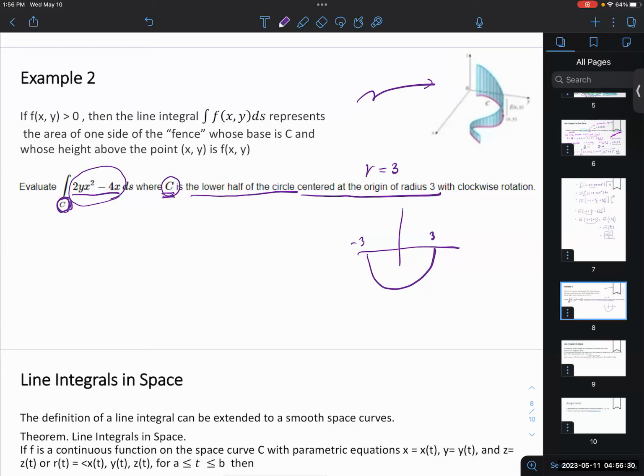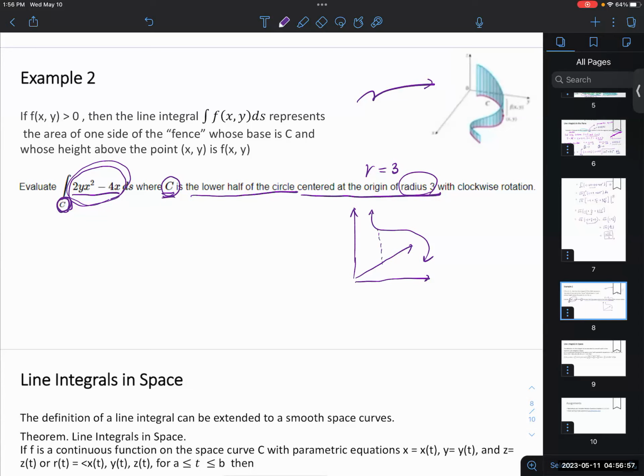So these two ideas go together. It's hard to imagine, but if you think about it, there's a function going something like that. And then the radius is from -3 to +3.